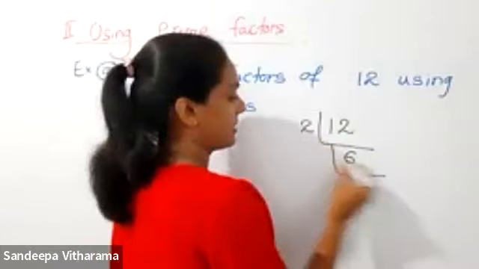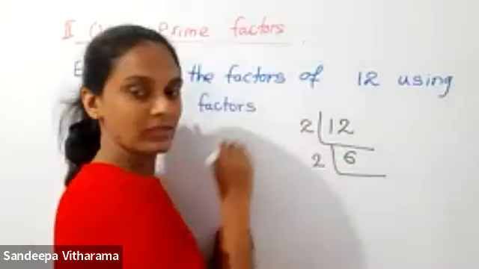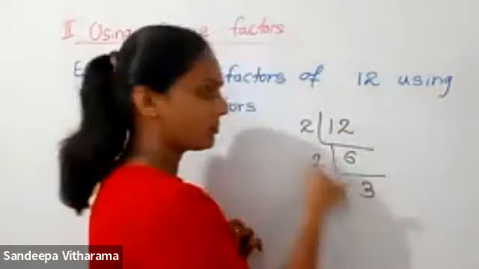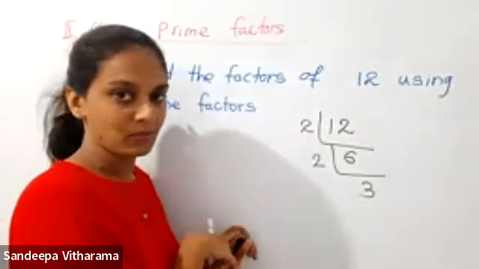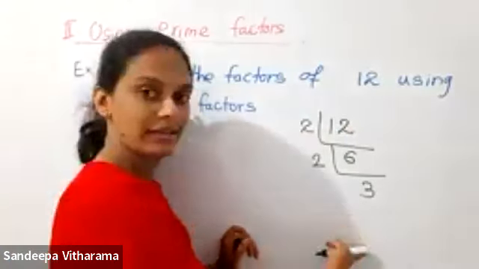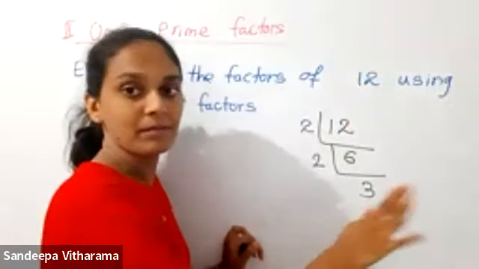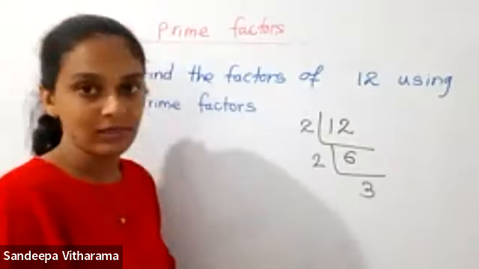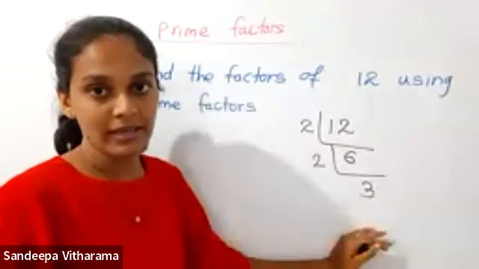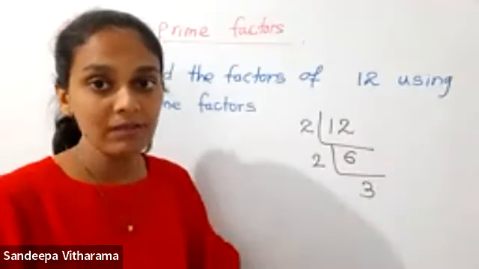Yes. Answer is 3. Now 3 is not divisible by 2. It does not divide without a remainder.